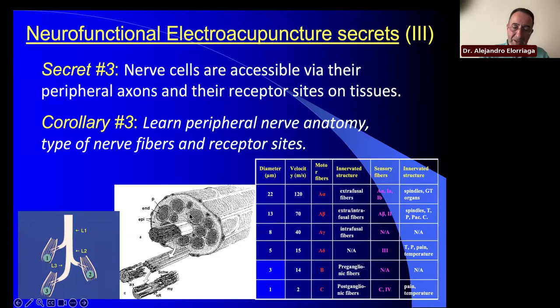Understand the difference between a problem that comes from an axon that is part of the nerve, for instance, if this was a median nerve, an axon that supplies either the thinner muscles or the skin on the medial part of the hand, that would be one type of problem.